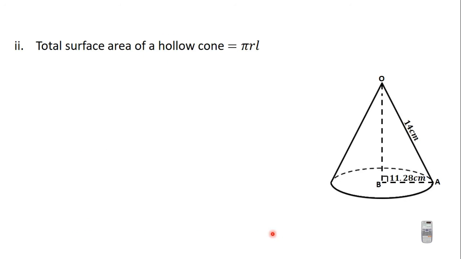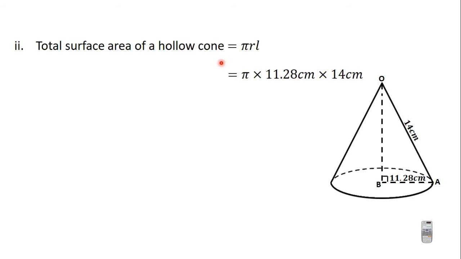The next part of the question said that we should find the total surface area of the cone. Remember, cones formed from the sector of a circle are hollow cones, and the surface area of a hollow cone is given by pi r l, where r is the base radius of the cone and l is the slant height of the cone. The base radius here is 11.28 centimeters and the slant height is 14 centimeters.